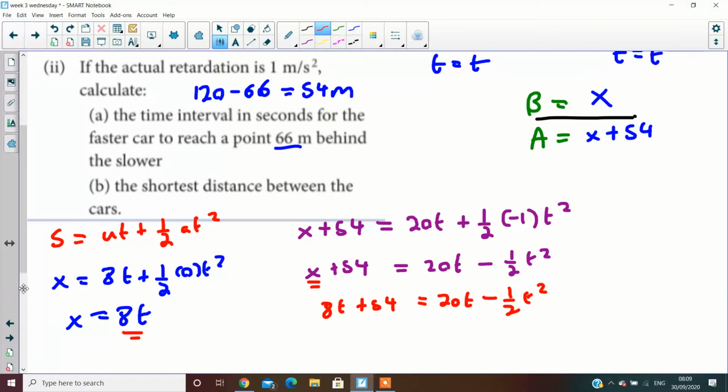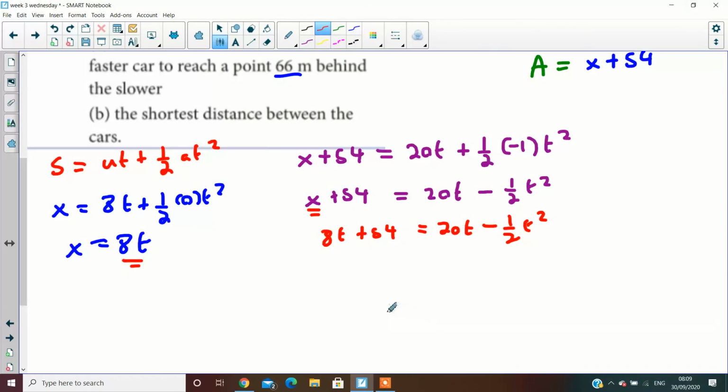Move it all around. Oh, sorry, multiply by 2. Don't want to deal with a fraction today. 40t minus t squared. Get it all in line. t squared, 16 take away 40 is minus 24t plus 108.